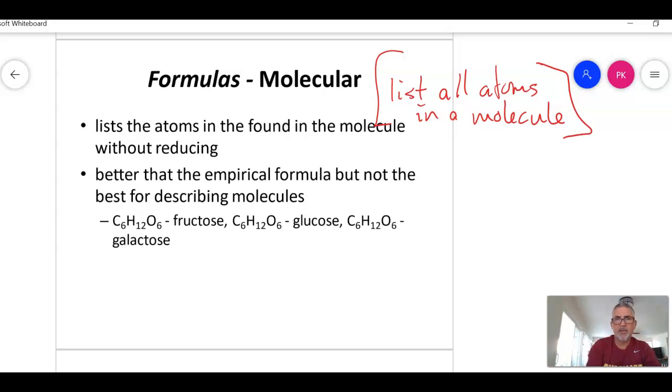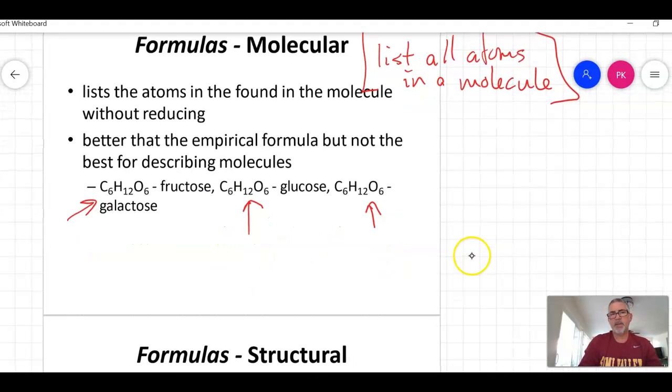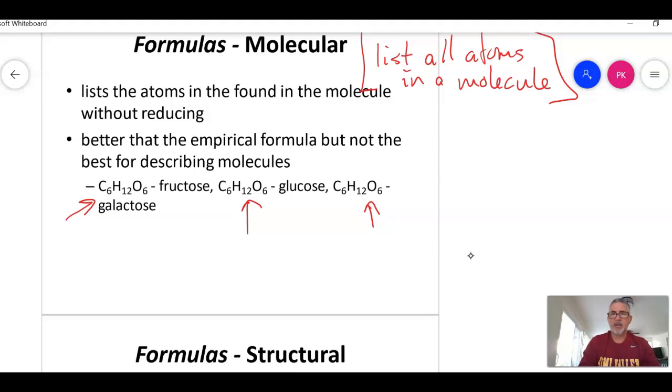So again, I had glucose, which was right here, which is C6H12O6. But you'll notice that's also the formula for galactose and also the formula for fructose. They're all the same, but it lists everything in there. And that's the most common way that we give formulas.